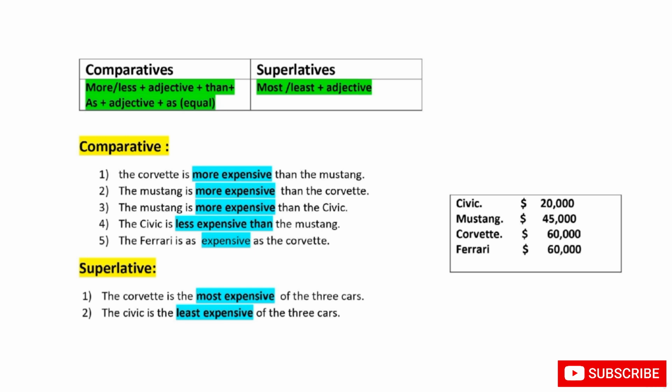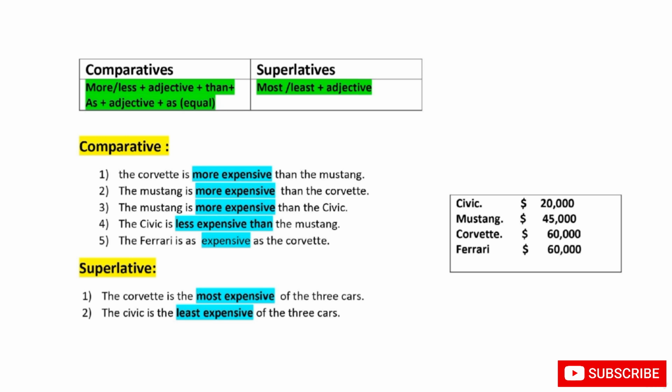On the screen, there are a few sentences, and once again, I would like you to fill in the gaps with the correct comparative or superlative form. Pause the video if you want, try the exercise, and then play the video and check. All right, let's look at the answers.